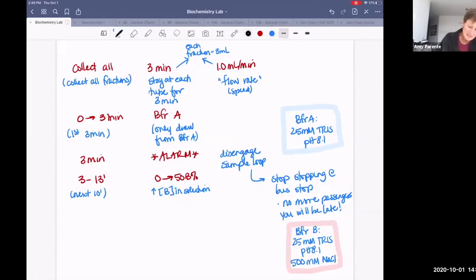So really we can say that buffer A is no salt and buffer B is high salt. And this will become important a little bit later when we learn about why salt might be important here.